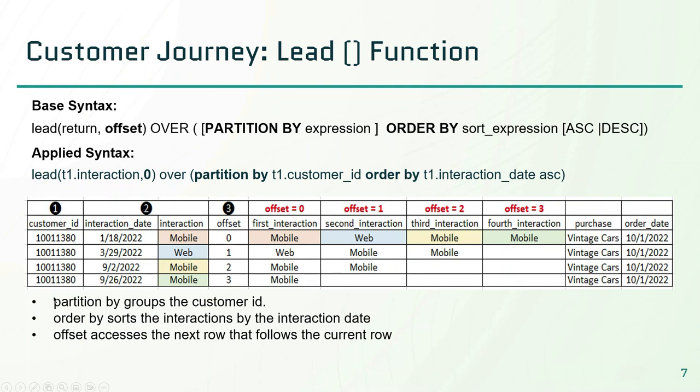And so essentially what the partition by does is it groups the customer ID. Then you can also see here the order by sorts the interactions by the interaction date.